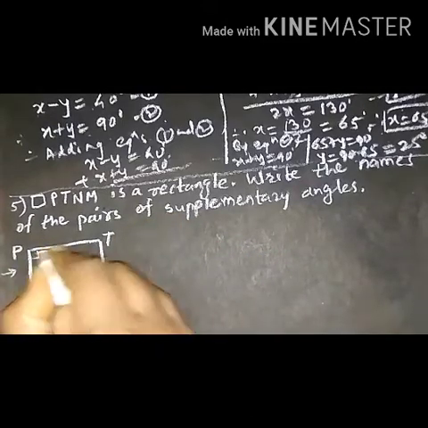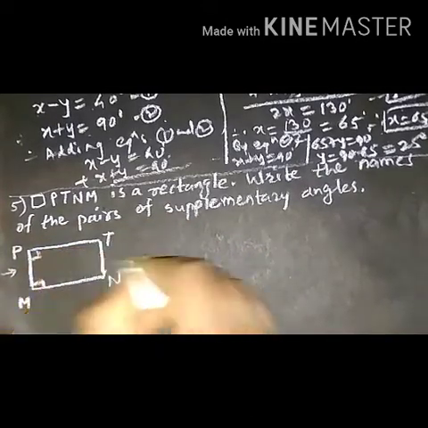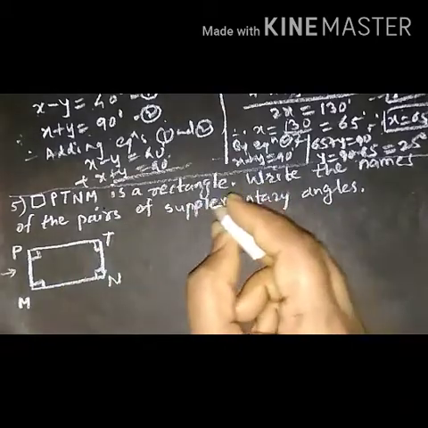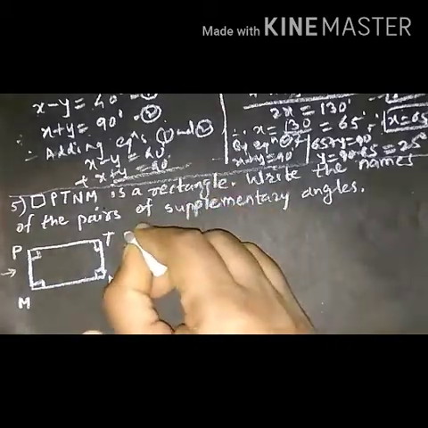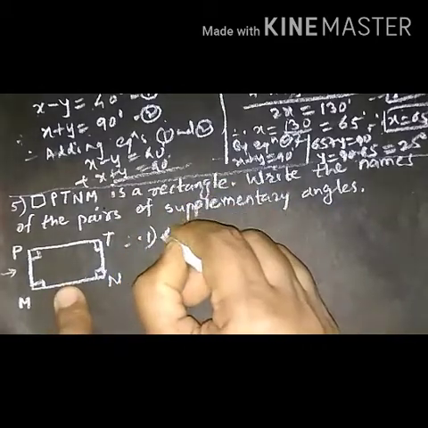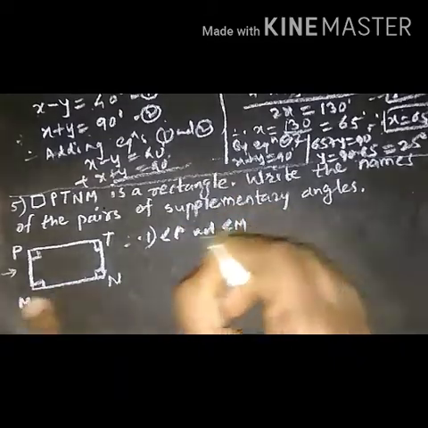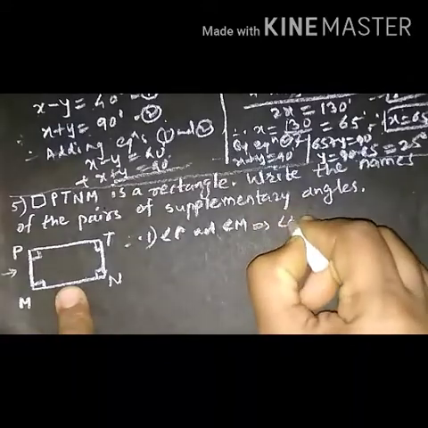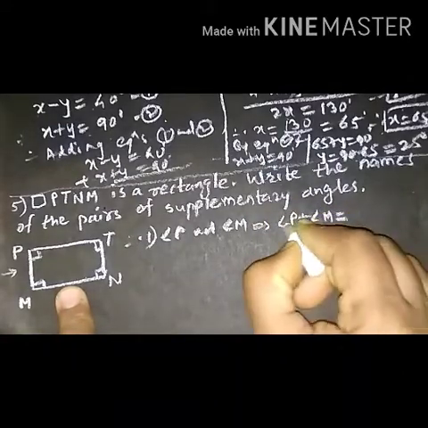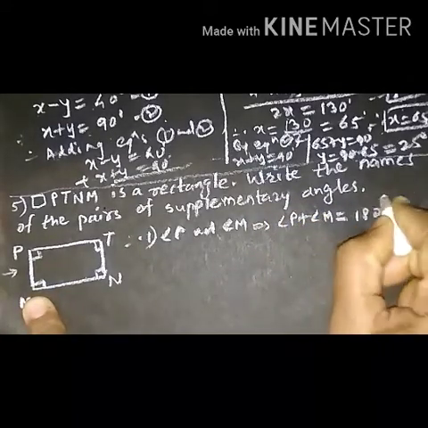So here rectangle means each angle is 90 degrees. Therefore, first pair, angle P and angle M, their addition is 180 degrees: 90 plus 90 is 180.